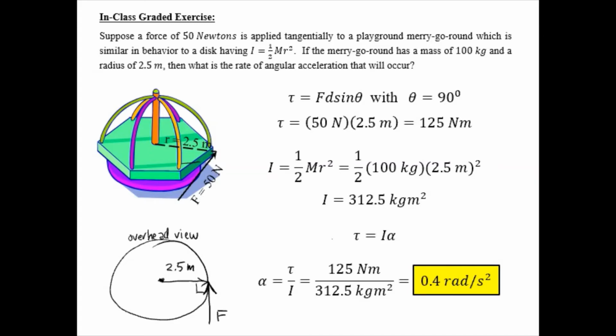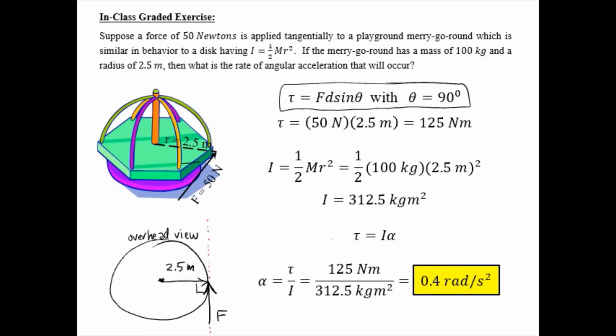So to calculate the torque that force applies, remember the rule is that the torque is equal to F d sine theta, or basically the force times the moment arm. Remember, if we take the force and extend a line to infinity in both directions, we call that our line of action.